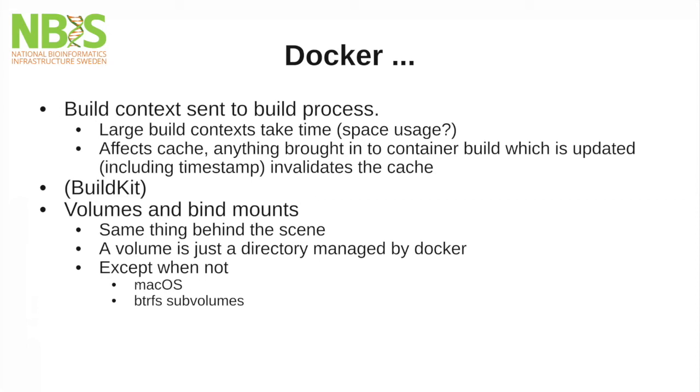And there's a performance bottleneck there, possibly. Similarly, if you have Btrfs, Docker might decide to create a subvolume for you and use that for the volume instead of having it in the normal file system.